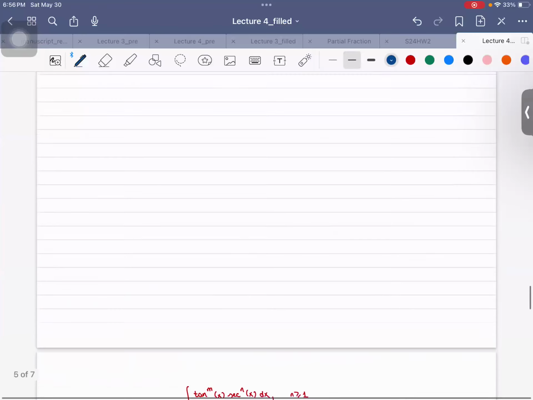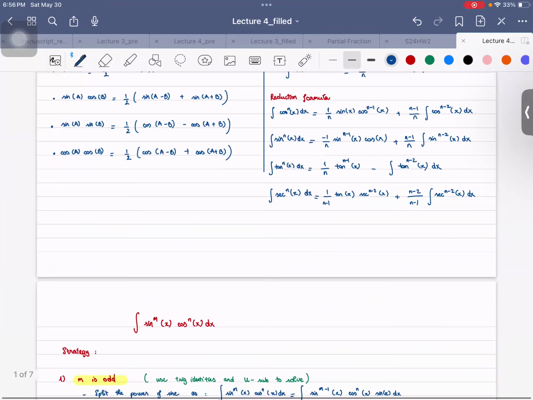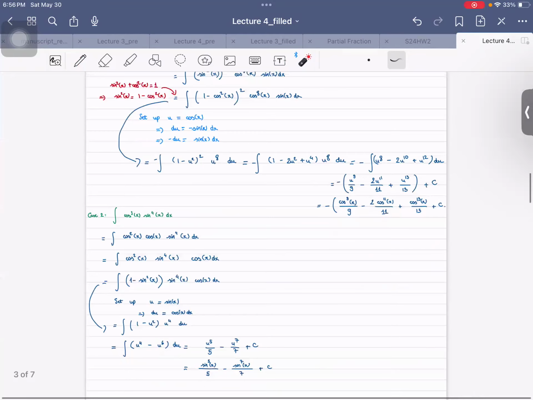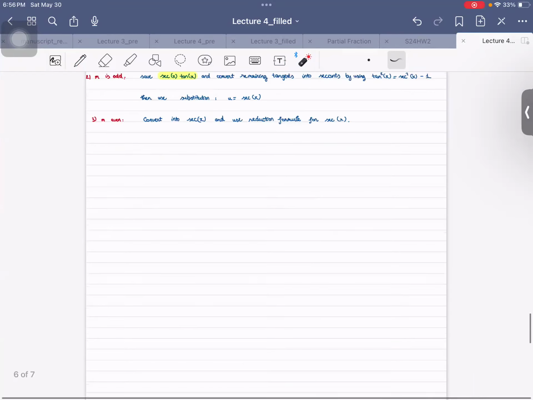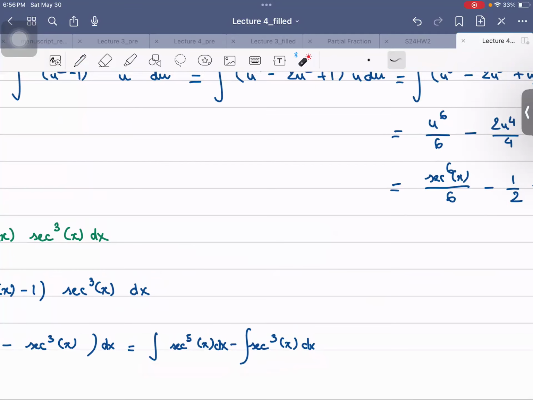From the reduction formula for secant, you're going to apply it to secant cubed and secant to the power of 5. I leave that for you to practice.